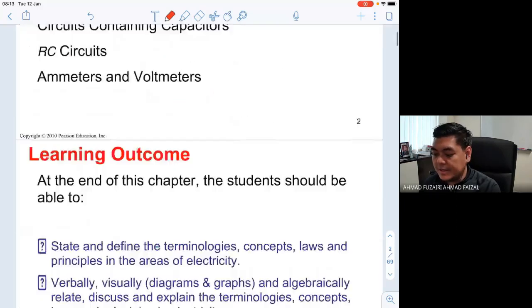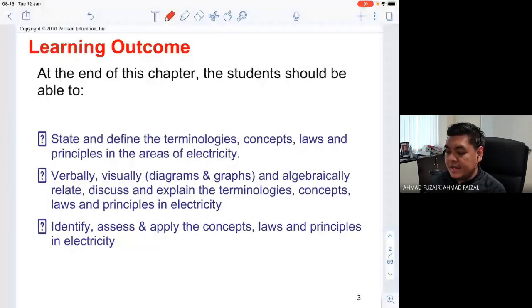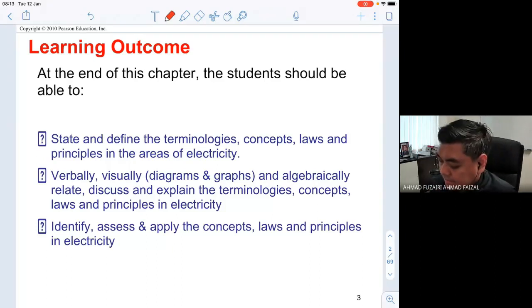For our next lesson, the learning outcome will be like this: state and define the terminologies, concepts, laws, and principles in the area of electricity, verbally, visually, and algebraically; relate, discuss, explain, identify, assess, and apply the concepts, laws and principles in electricity.